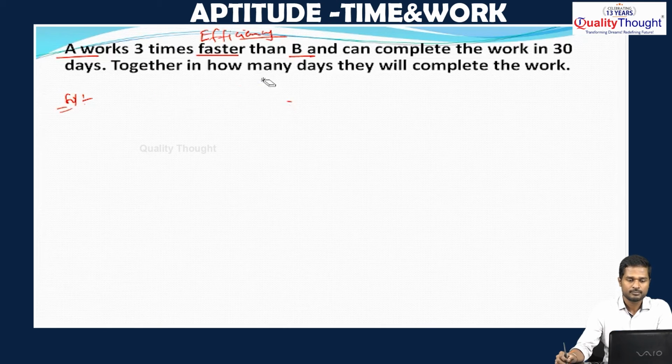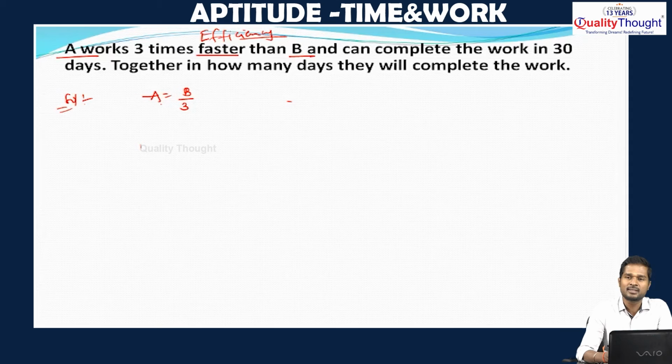Now see, as per the question, A works 3 times faster than B and can complete a work in only 30 days. That means A will take 1/3 of the days that B is taking.